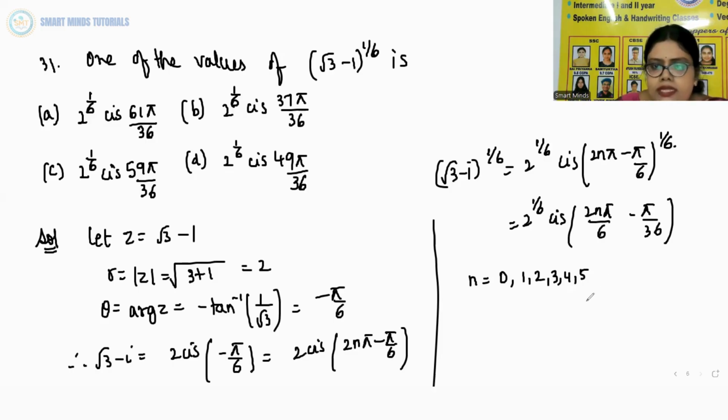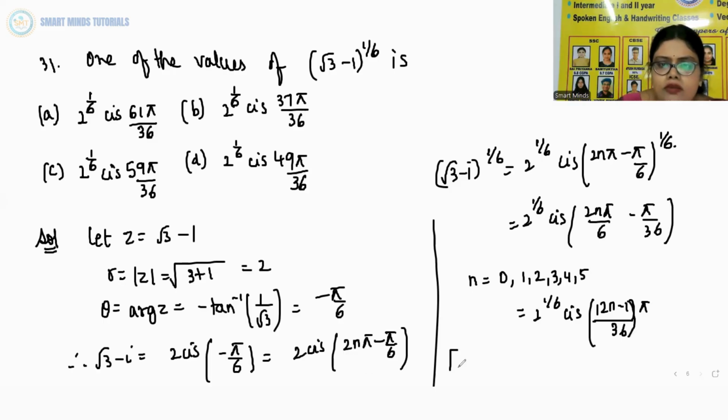So that is equal to 2 power 1 by 6 cis. If we take pi by 6 common, we will get (12n minus 1) into pi whole divided by 36.